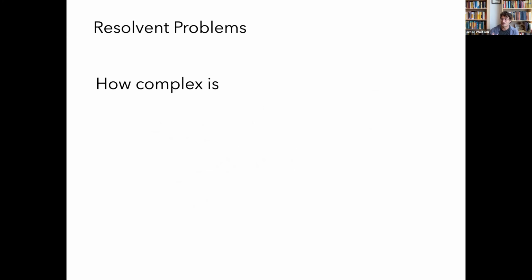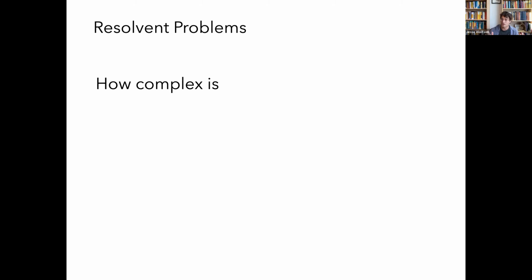There's a whole bunch of classes of objects that show up in algebraic geometry and in the topology that shows up there. And you can ask in all of those, how complicated is the given object. That's what I want to advertise under this heading of resolving problems.